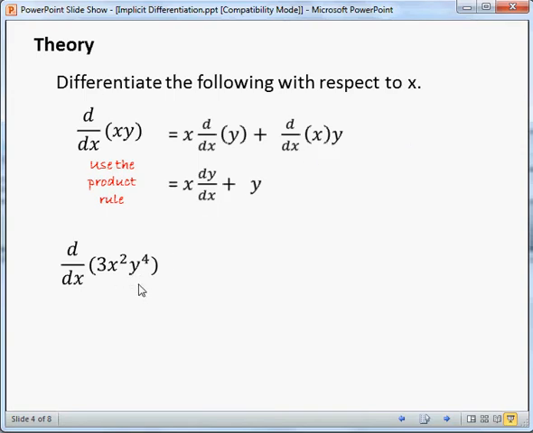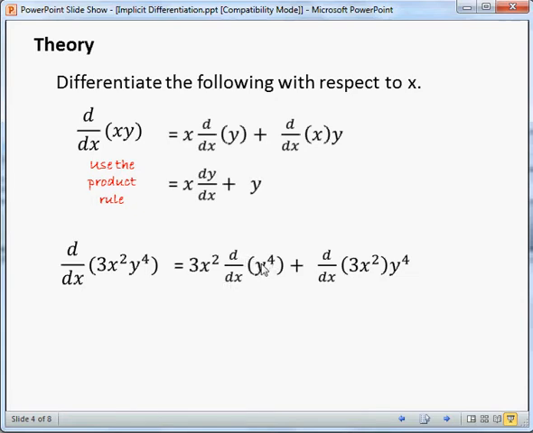Alright, here's another product. So again, use the product rule. So 3x squared times y to the 4th. So the product rule will be 3x squared times the derivative of y to the 4th, plus the derivative of 3x squared times y to the 4th. Okay, 3x squared stays there.